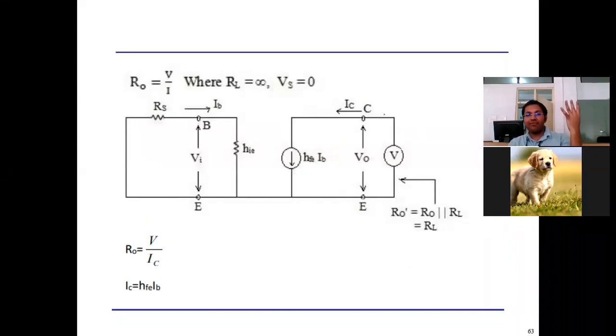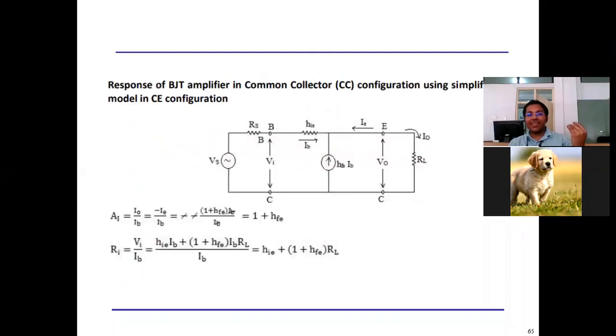For common collector we did only 2: current gain and input resistance. Please try output resistance and voltage gain as homework, because only when you take pen and paper and write do you know the difficulty.